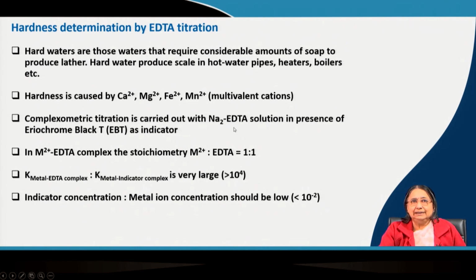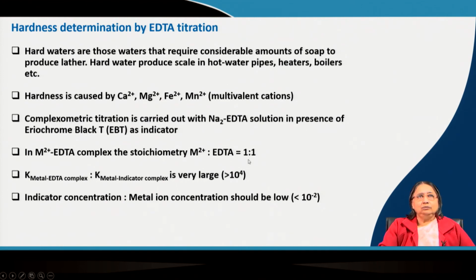Now, the question is why EDTA is finally breaking this EBT calcium magnesium ion complex. And here another thing is very important to mention, that in this metal ion EDTA complex, the stoichiometry is 1:1.